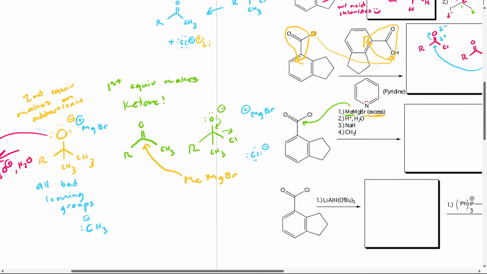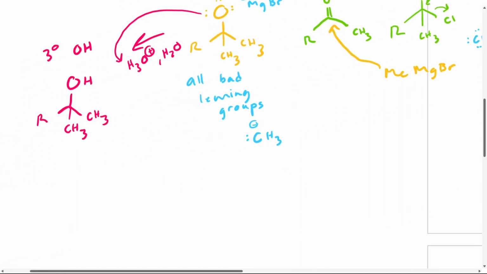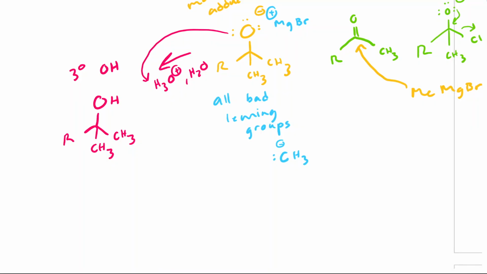So we've done the first two steps. So now it's time for sodium hydride. Sodium hydride, you draw sodium hydride. And sodium hydride exists like this, but hydrogen is a lot more electronegative than sodium.